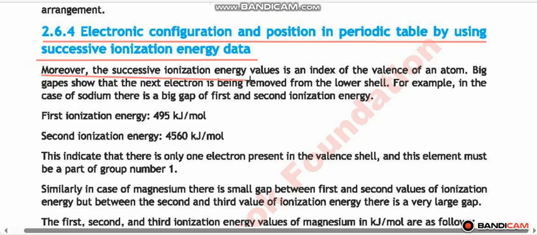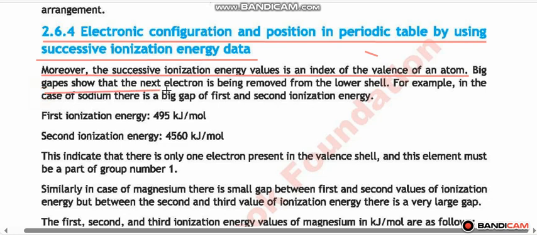The successive ionization energy value is an index of the valence of an atom. Students, it states that from the successive ionization energies, we can determine the valence of an atom, whether it contains 1 electron or more than 1 electron.